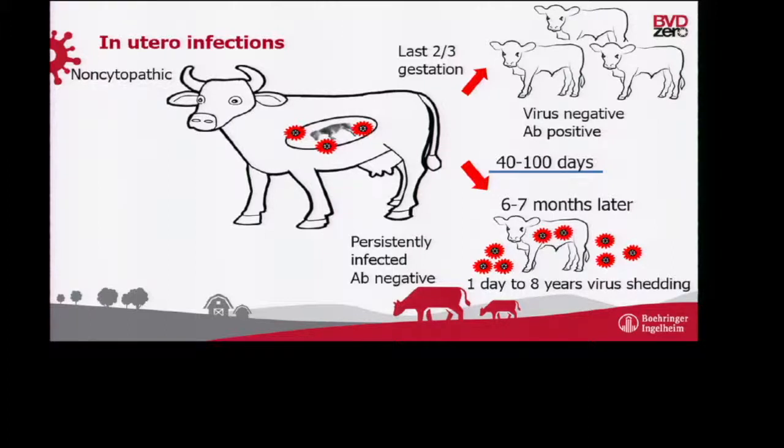The less mature the immune system is, the higher the cost the animal pays for the infection. So in this very first third, or 40 to 100 days of gestation, that immune system is barely set up yet, and we get immune tolerance, and we can't recognize the virus anymore.